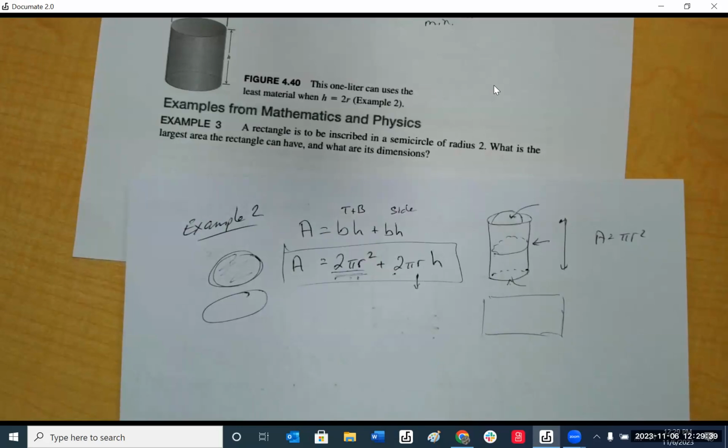So now we want to find the minimum material. Well, it seems like we're missing something. Ah, a 1 liter can. How much material is in a 1 liter can?